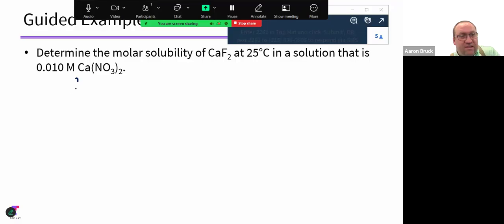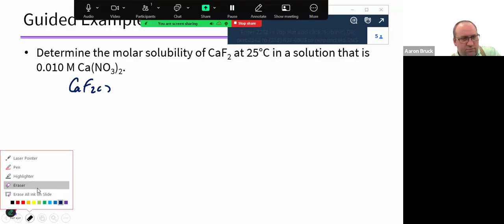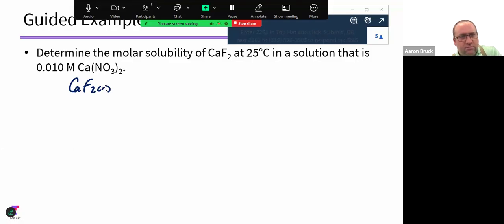So setup for this is exactly the same as what we just were looking at. I've got calcium fluoride in the solid phase, in equilibrium with calcium ions and fluoride ions.